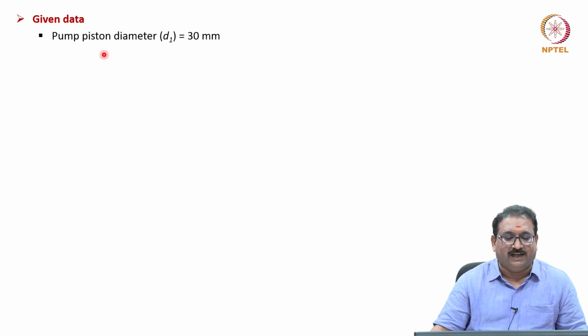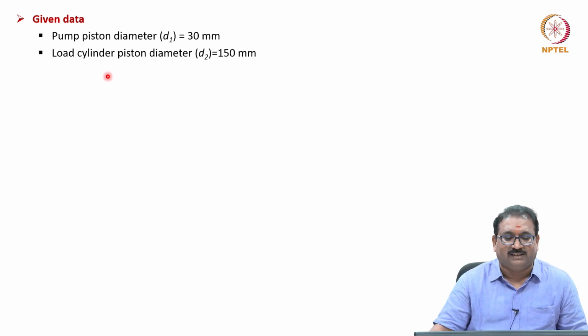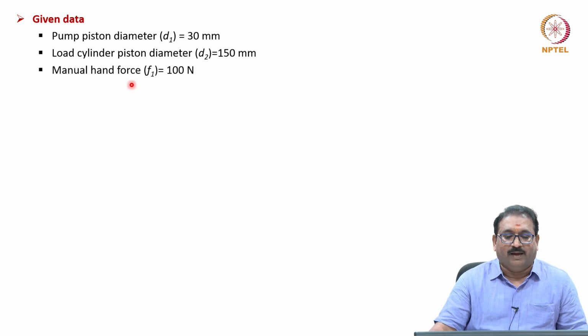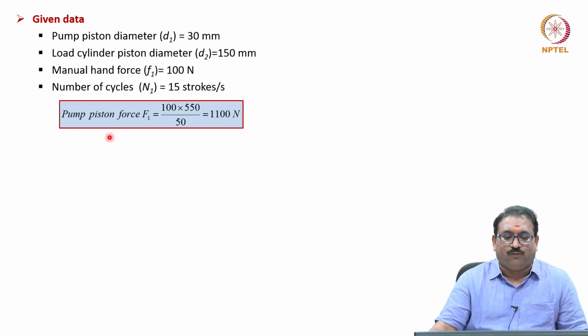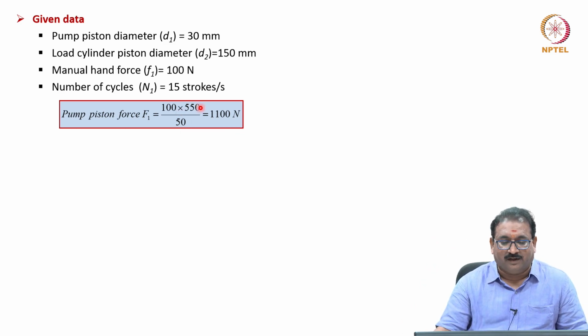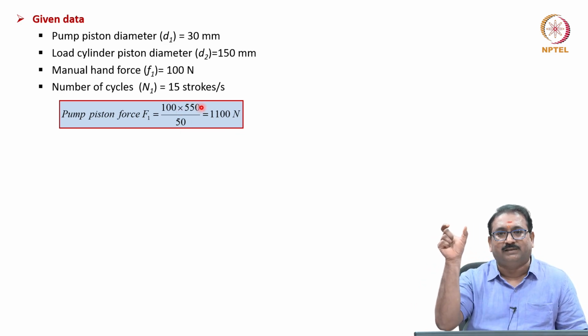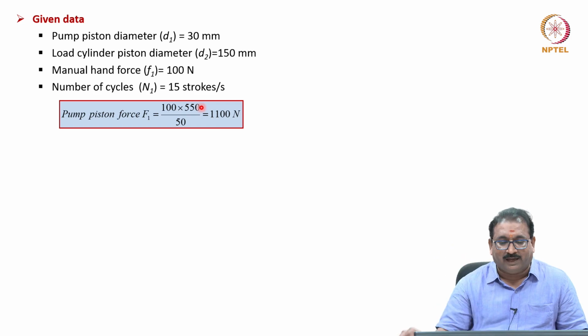The given data are: pump piston diameter is given, load cylinder piston diameter is given, the manual force F1 is given, the number of cycles is given as 15 strokes per second. Then the piston force: the manual force with the leverage, the lever arm is given. I take 100 into 550, this is 500 plus 50, divided by the 50, the lever arm, you will get 1100 Newton.